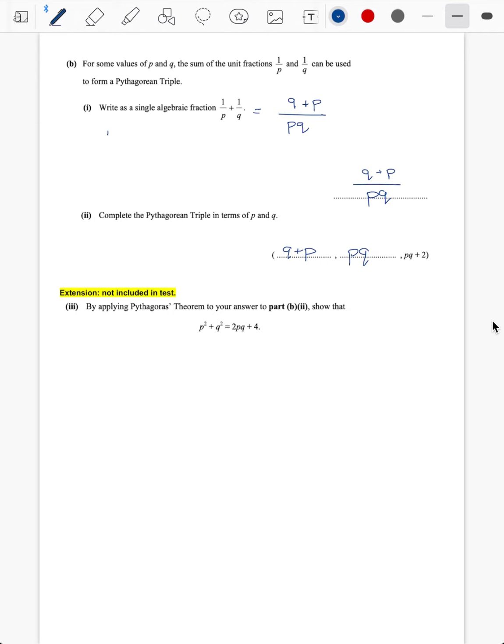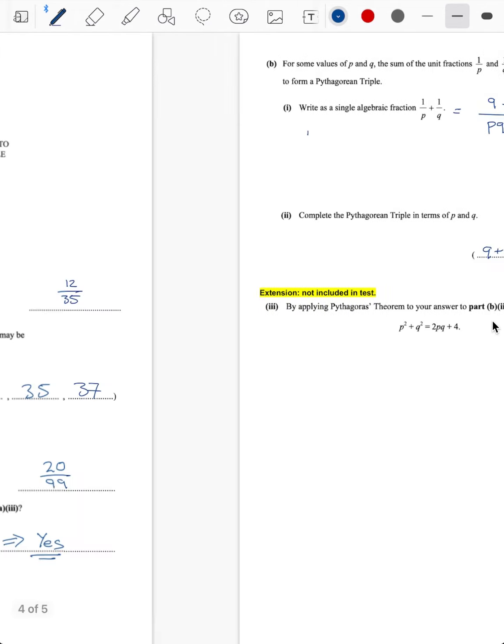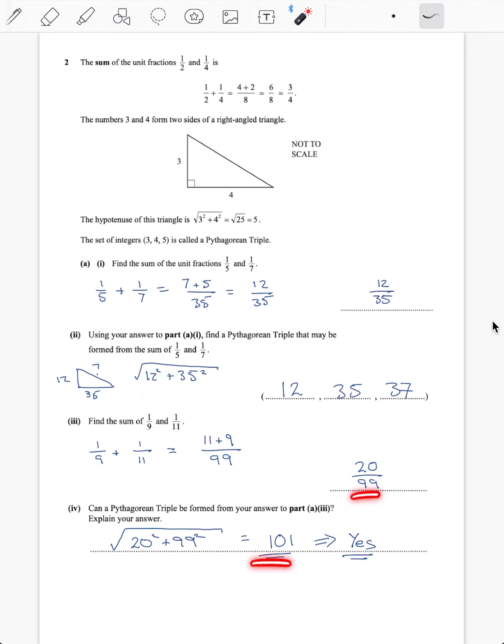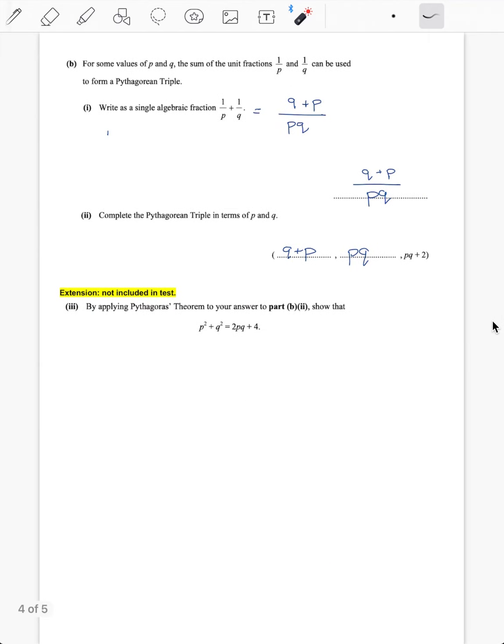So what I would do is look back and see, does that make sense in what we had previously? Well, it kind of does. If we look at these numbers that we formulated, we got 35 and then 2 more is 37. We had 99 and then 2 more is the 101. So it looks like we are finding exactly that. Well, it didn't quite work here, so something unusual was happening, but okay, that's fine. In terms of p's and q's and the pq plus 2, that holds true.